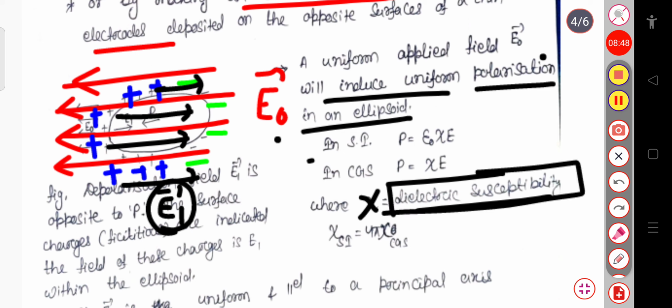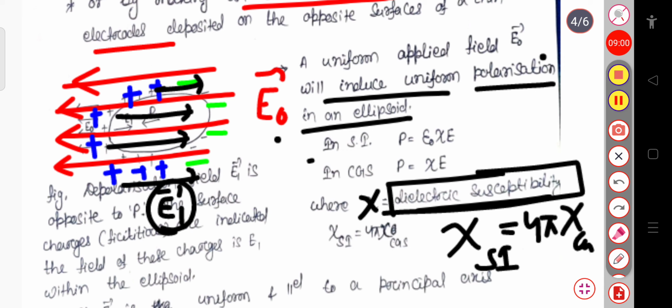And this is an important point: the susceptibility in SI system will be equal to 4 pi times the susceptibility in the CGS system, that is chi SI equals 4 pi times chi CGS.